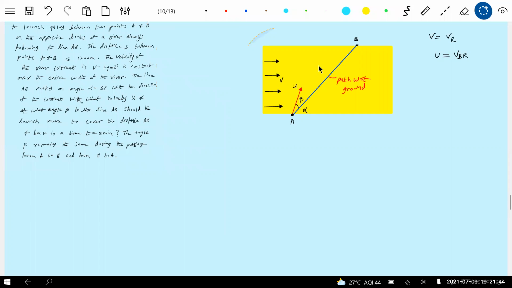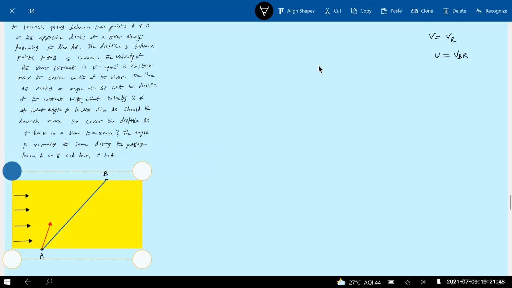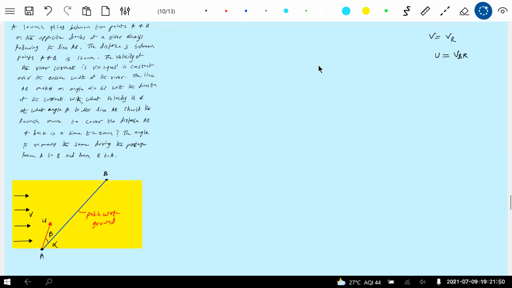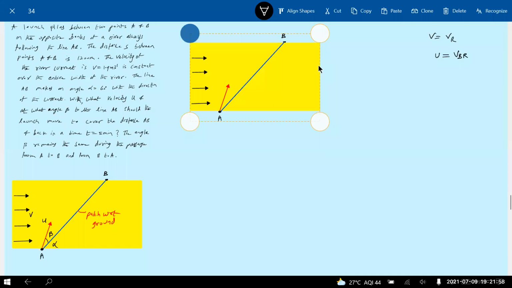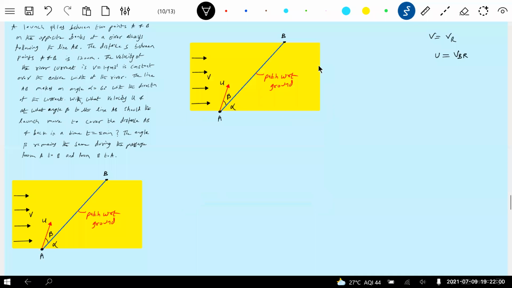The first, the onward journey. Let's go for the onward journey A to B. For path AB, we'll discuss this one. Then the velocity of the boat with respect to ground should be directed along path AB.